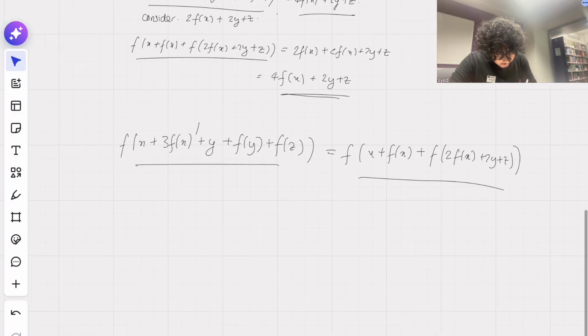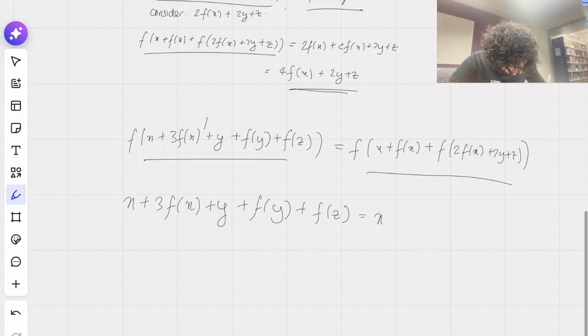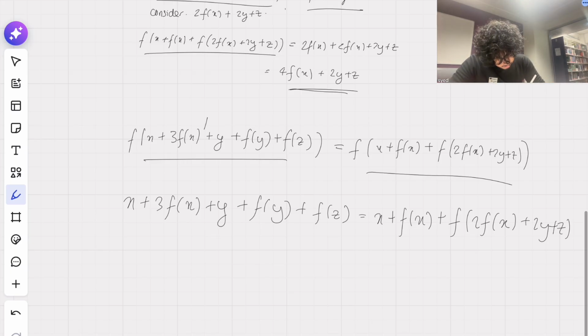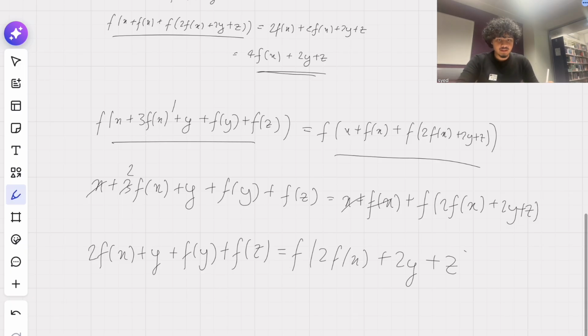So x plus 3f of x plus y plus f of y plus f of z must be equal to x plus f of x plus f of 2f of x plus 2y plus z. We can cancel an x out, we can cancel an f of x out to get that 2f of x plus y plus f of y plus f of z is equal to f of 2f of x plus 2y plus z.